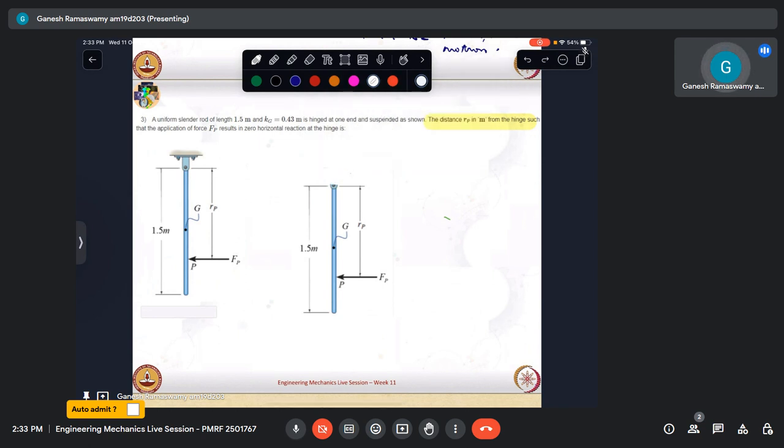Now let us say that I replace this pin with two reactions. Call it point O. So this will be OY. And for the sake of argument initially, let us say that this OX does exist. The question asks at what distance will this OX cease to exist?